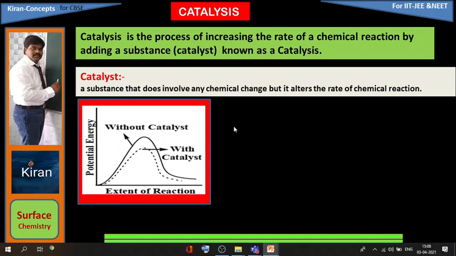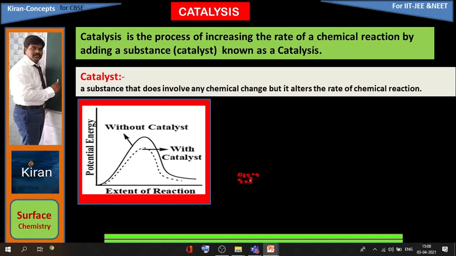When you observe before the catalyst and after the catalyst, this is the graphical representation with respect to extent of reaction and potential energy. Without adding a catalyst, the reactant molecules are there in the initial state.